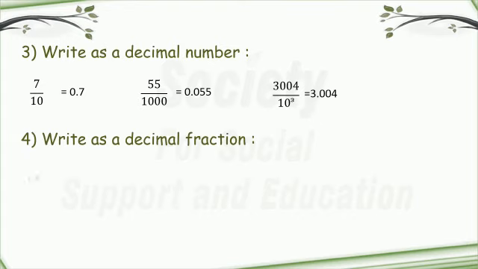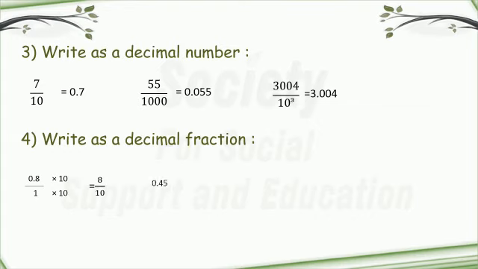Write as a decimal fraction. Over here we have 0.8, which has one digit after the point, so we have 10 in our denominator. Or we can write it as a number with its denominator equal to 1, so multiply it by 10, then we will get 8 over 10. So we have two ways to solve it.